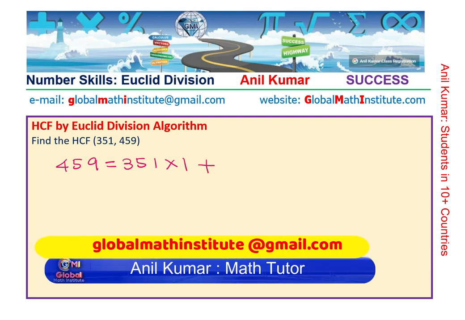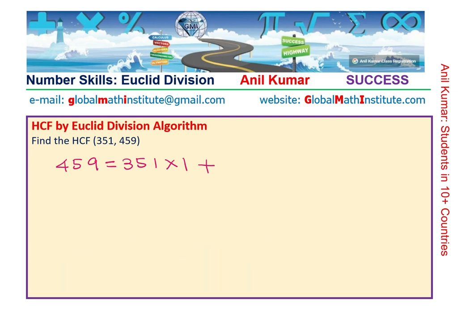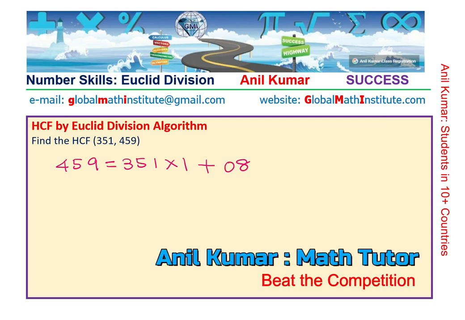When you take away 351 from 459, you get 108. So 108 becomes the remainder with which we are now going to see how 351 can be written.